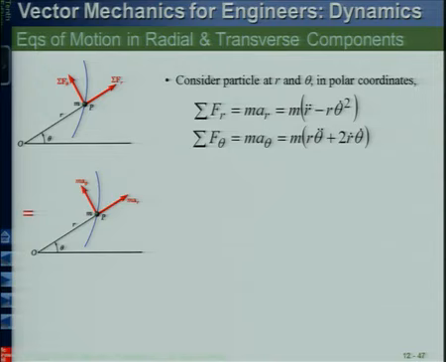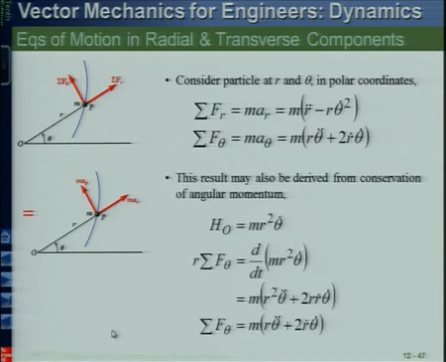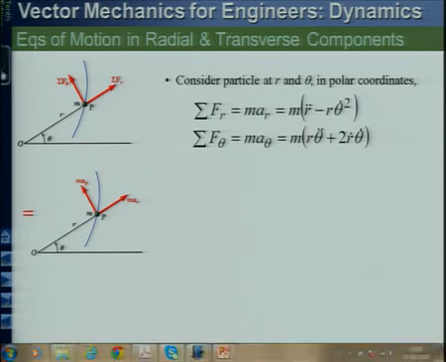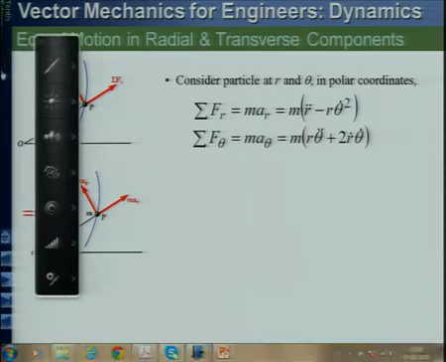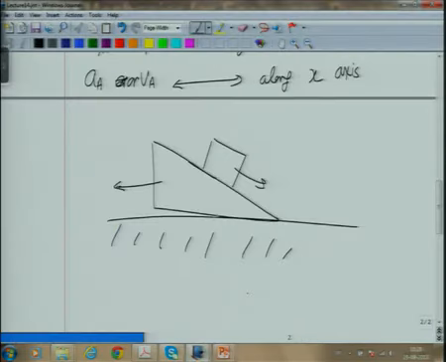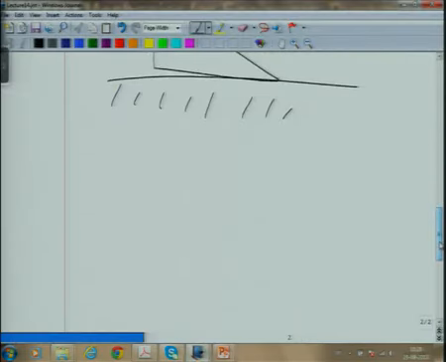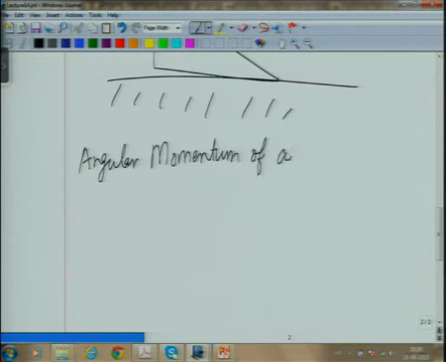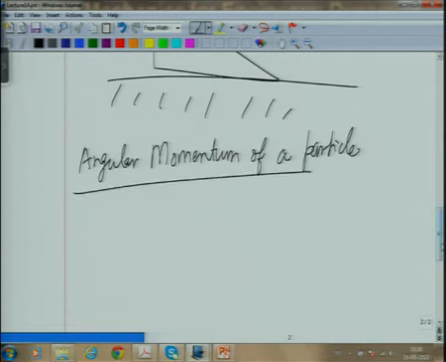Now the other concept, I think I will now switch on to. Now let us discuss the concept of angular momentum of a particle.